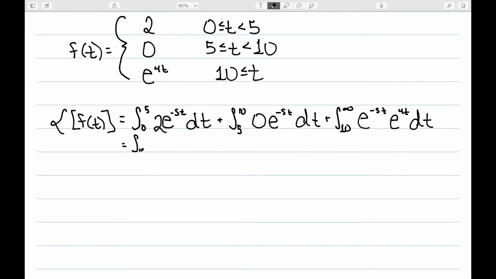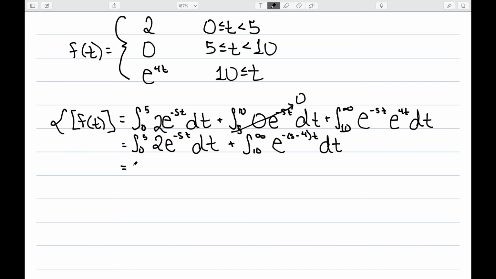This is going to simplify to the integral from 0 to 5 of 2 e to the minus st dt. This term here is going to go to 0, since the whole thing is just 0. And then we have the integral from 10 to infinity of e to the minus s minus 4t dt.